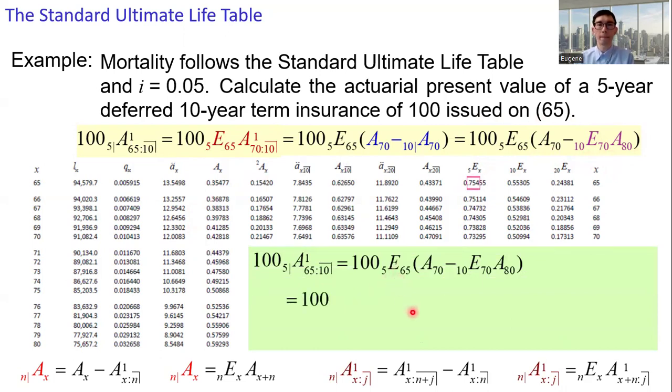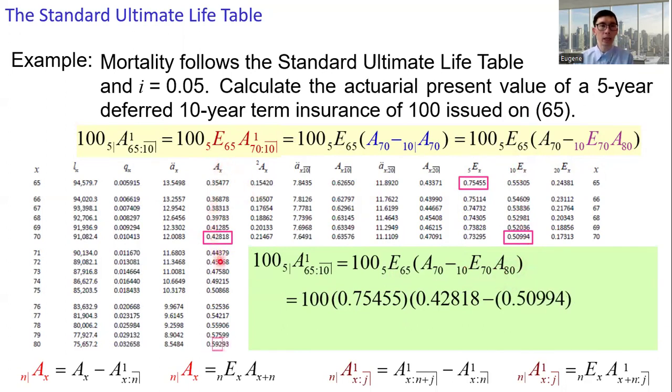5E65, and then A70 along this column. 10E70 along this column. And then the final expression, A80, all the way down.